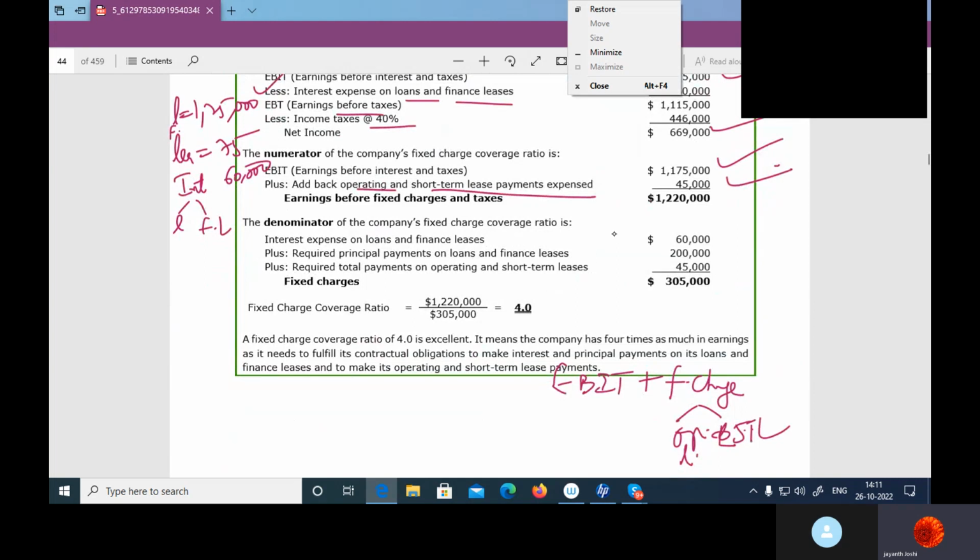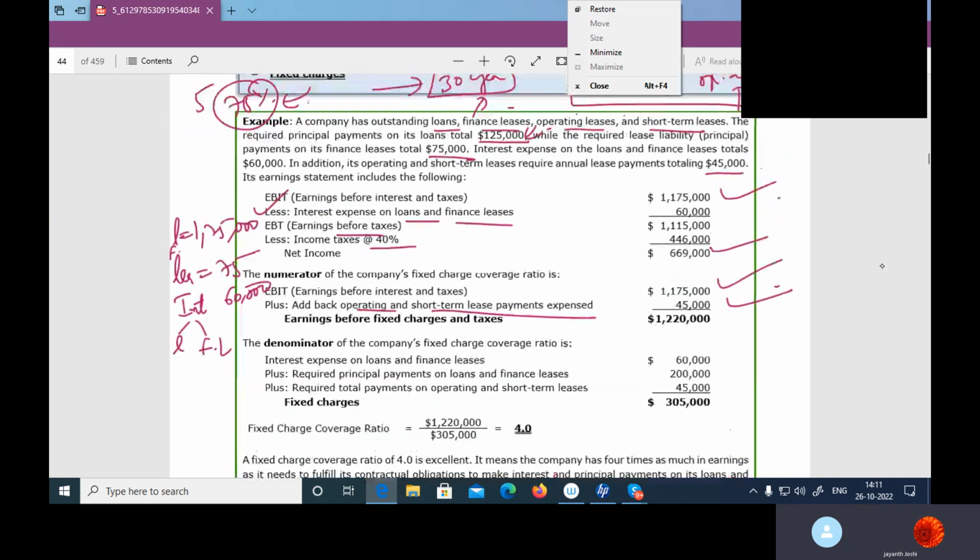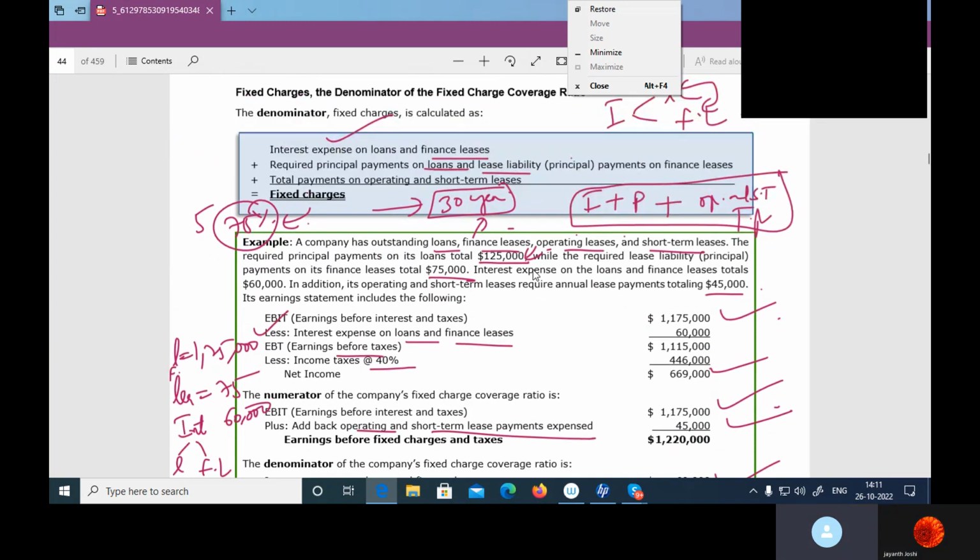Now we are supposed to find out the fixed charges. For that, we'll take the interest expense on loans and finance leases, the principal payments on loans and finance leases, and the operating and short-term lease payments, that is 45,000, correct? Interest expense on loans and finance leases is 60,000.